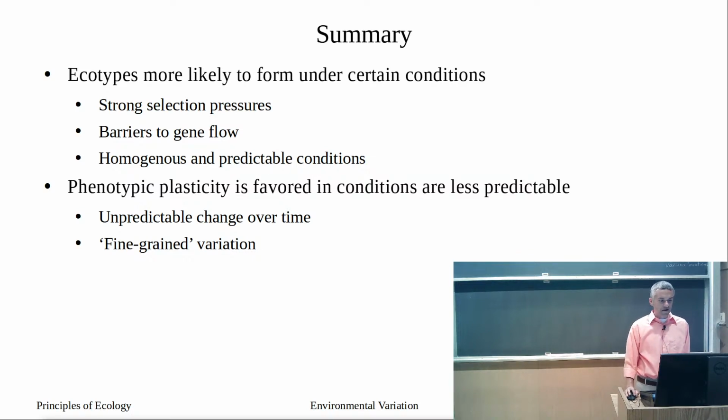All right, so you should probably know when we would favor genetic adaptation and when we would favor phenotypic plasticity. Kind of think about the different situations. Think about this environmental variation, and think about when one would be favored over the other. All right? Questions?